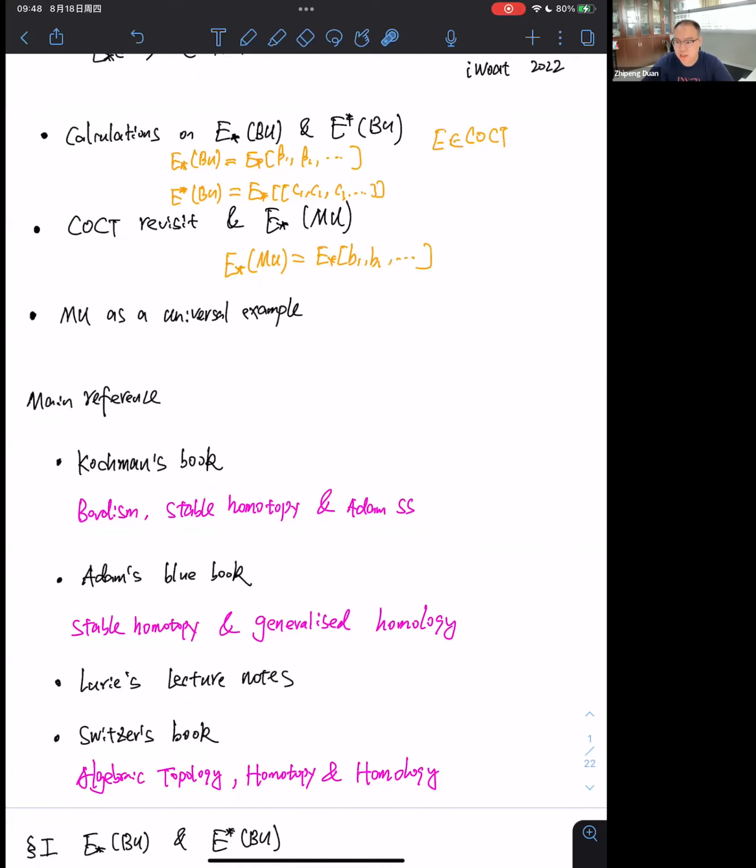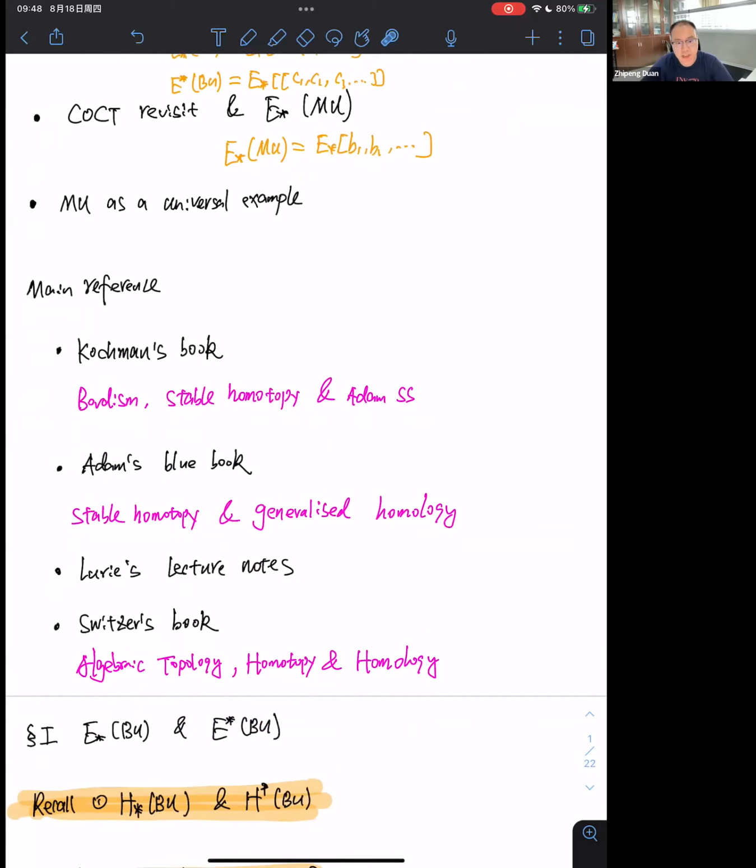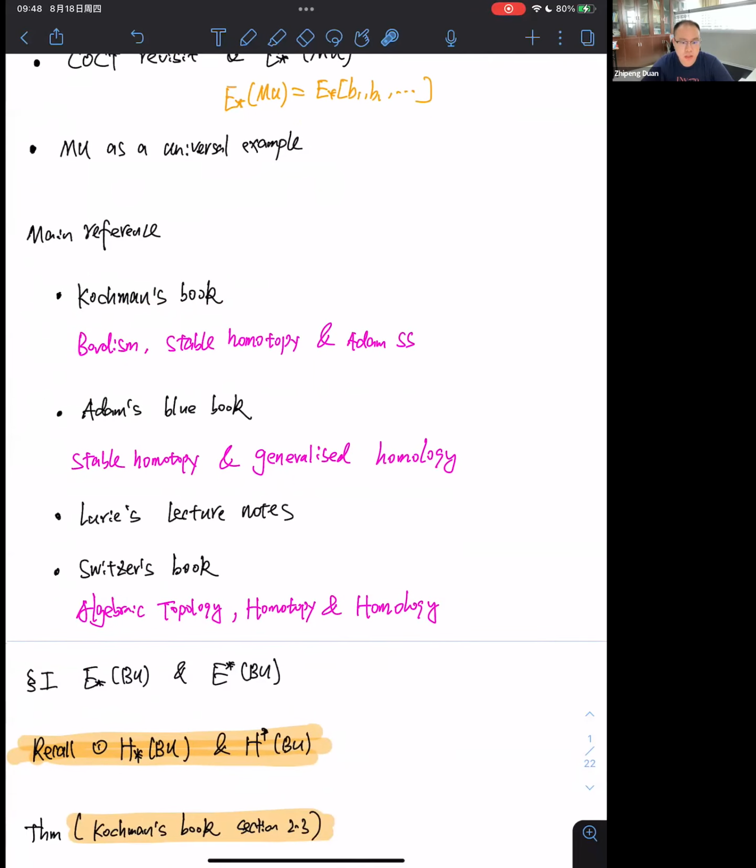The first source is Kochman's book, titled Bordism, Stable Homotopy and Adams Spectral Sequences. The second source is Adams' classical blue book, called Stable Homotopy and Generalized Homology.